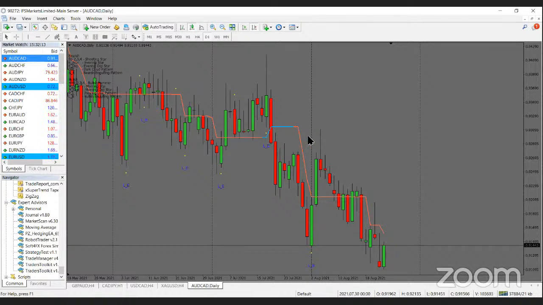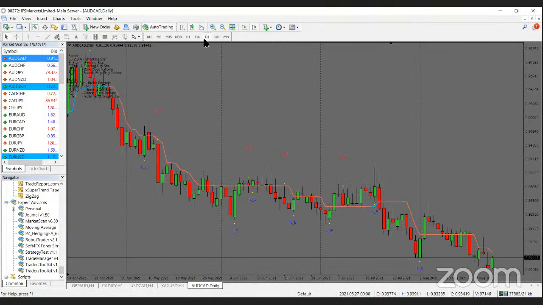So if this is a body, so long as the following bar, let's make this a colored one, just engulfs the body, but not the high and low, then this particular indicator recognizes it as an engulfing pattern.